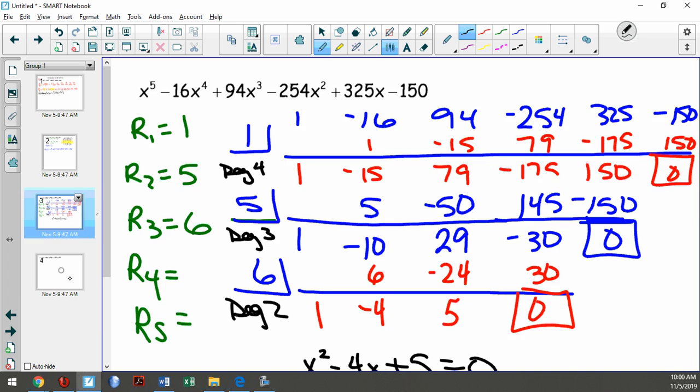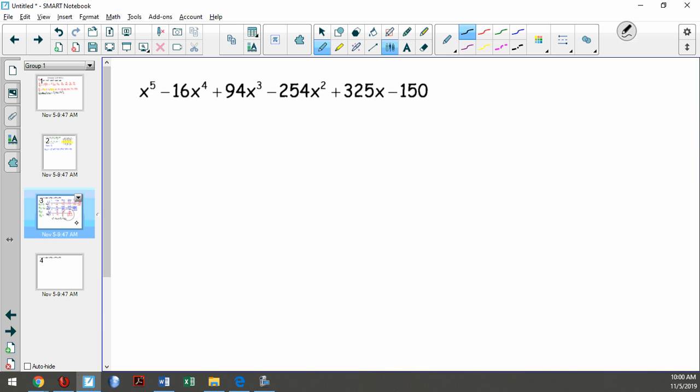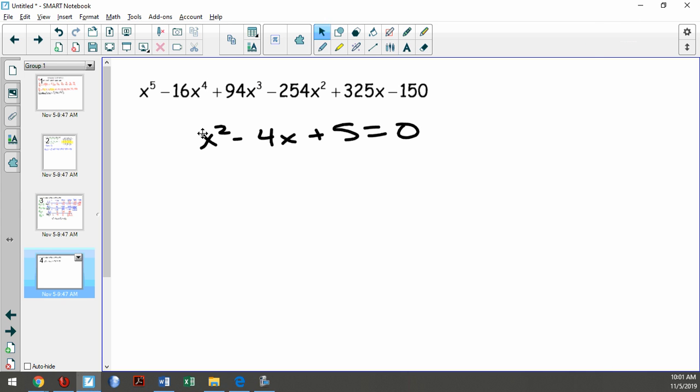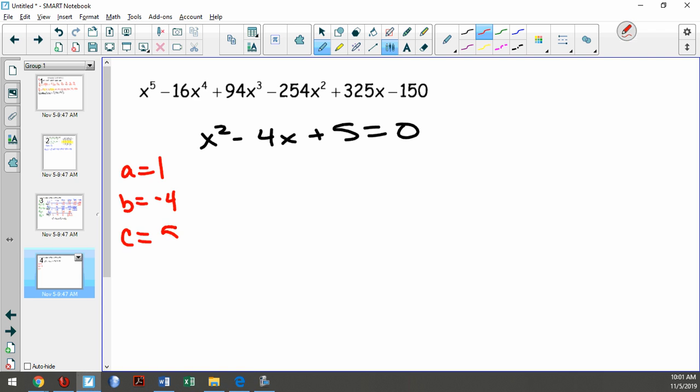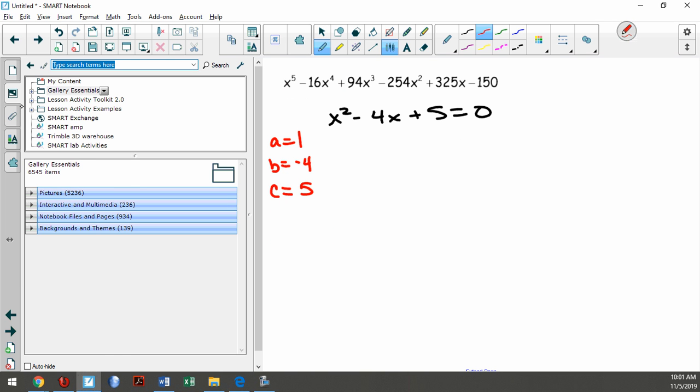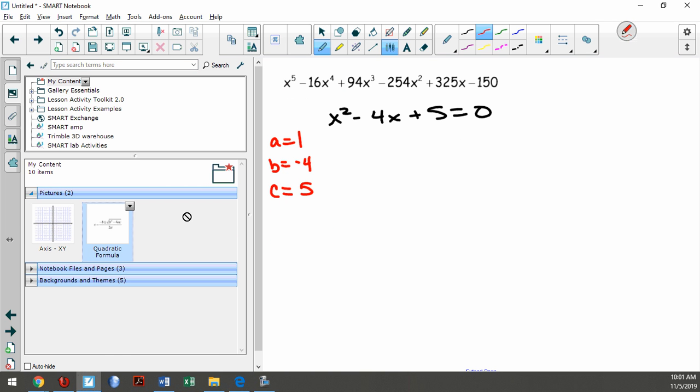So I'm doing the quadratic formula on x squared minus 4x plus 5. So A is going to be 1, B is negative 4, C is 5.